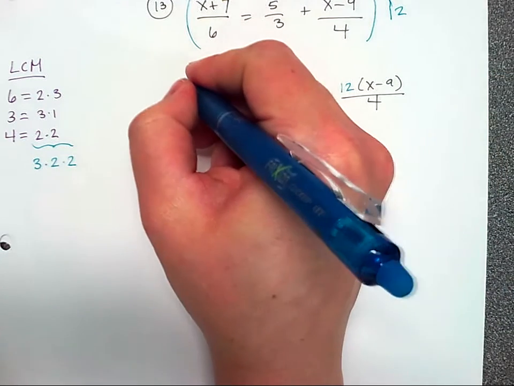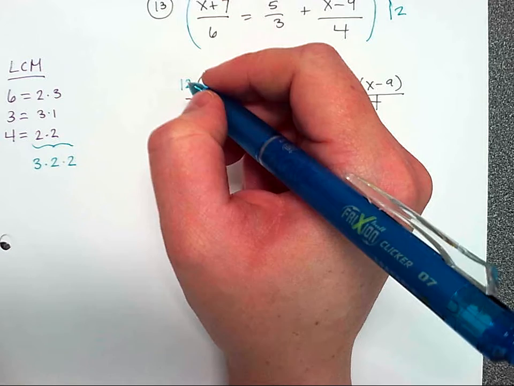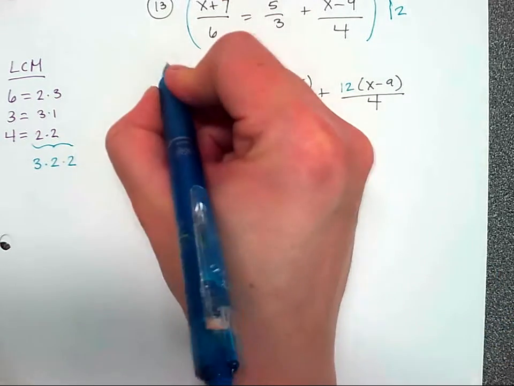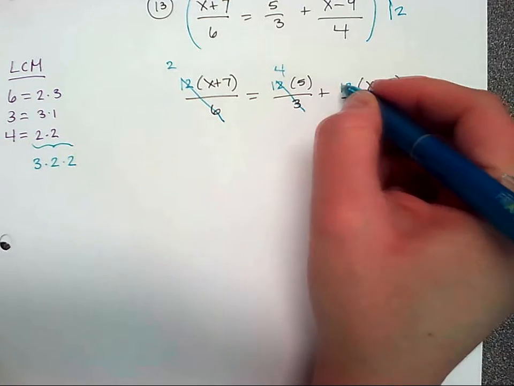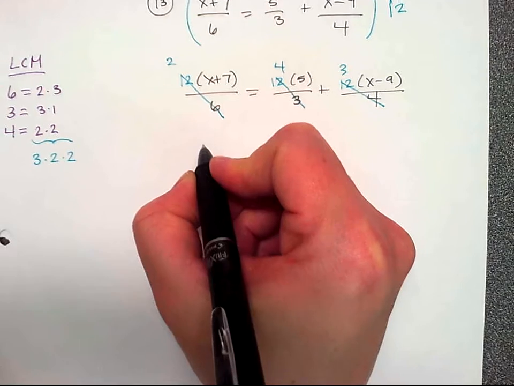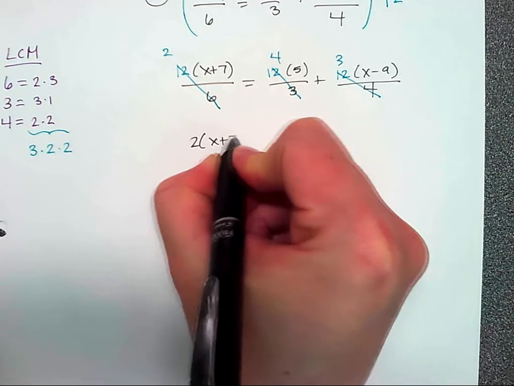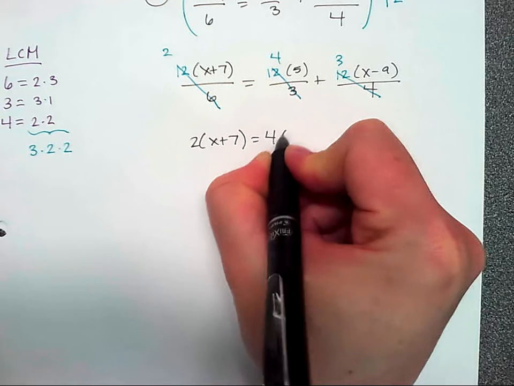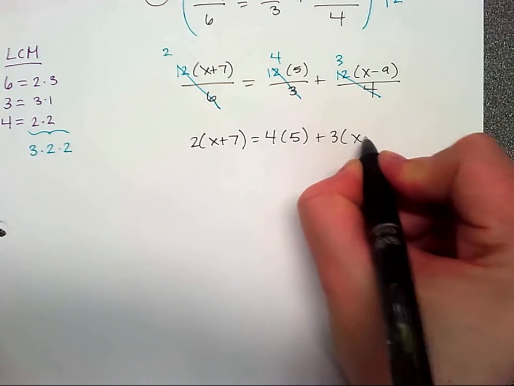So now I'm going to simplify. 12 over 6 is what? 12 over 3 is what? 3. So now I need to distribute. So let me write what we have. 2 times x plus 7 equals 4 times 5 plus 3 times x minus 9.